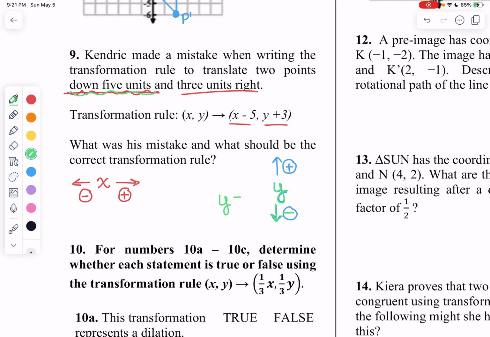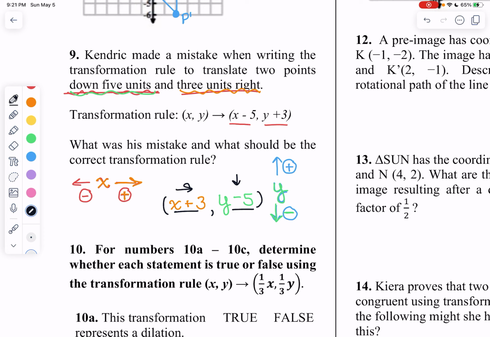Now we'll do 3 units right in, I don't know, orange. If I want to move 3 units to the right, moving to the right is adding to x. So that would be x plus 3. Oh my gosh, my 5 disappeared. Crazy. Okay. So here would be our rule, okay? Adding to x brings me to the right 3, and subtracting from y brings me down 5, okay?